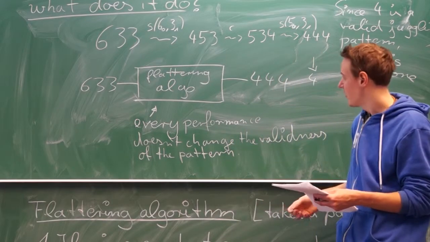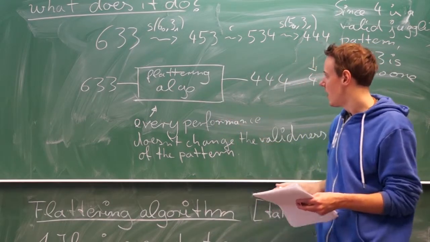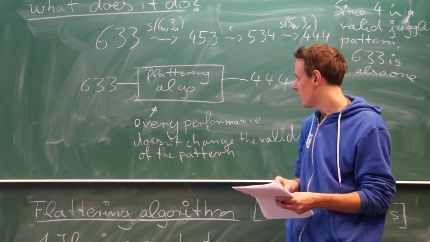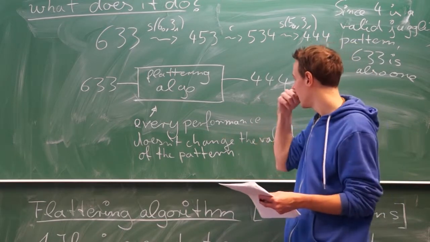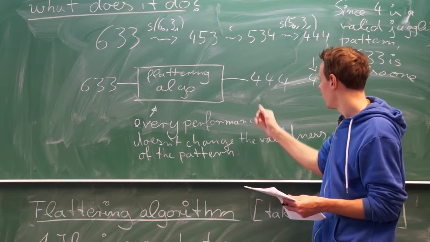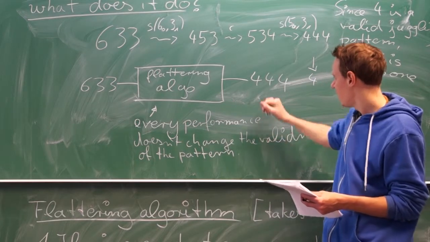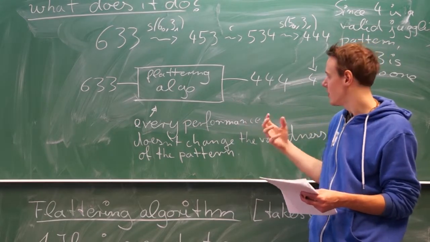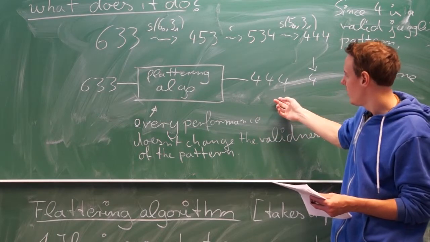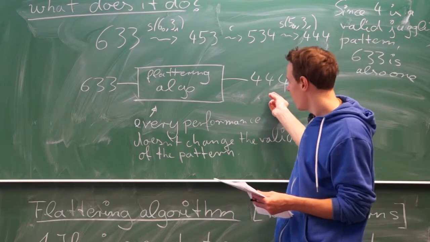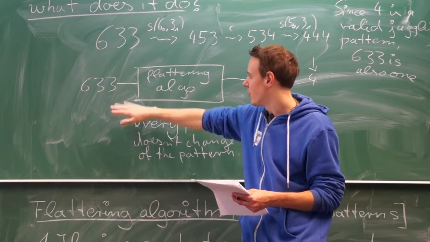Right. So you can think of this as a black box. We put something inside and it will perform and continue, and it will end up in a result. And if the result is something we already know, and we know that it's a valid siteswap, we then automatically know that this one is also valid.